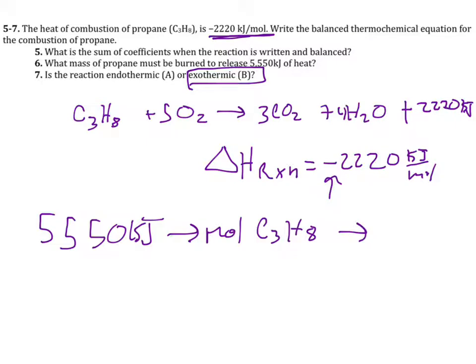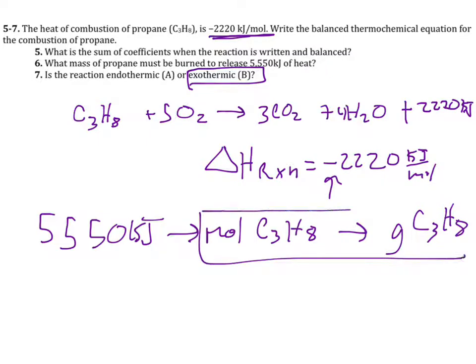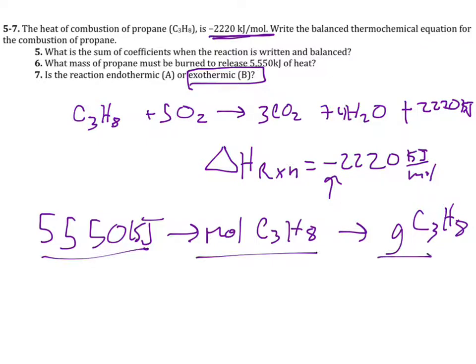And then once we know moles of that substance, we can then convert it to grams of that substance. Just a little side note, we learned this little part all the way back in Unit 2. We've been using it this whole year, just kind of a crazy thing to think about. But anyway, we're starting here. We're going from this to moles to this.